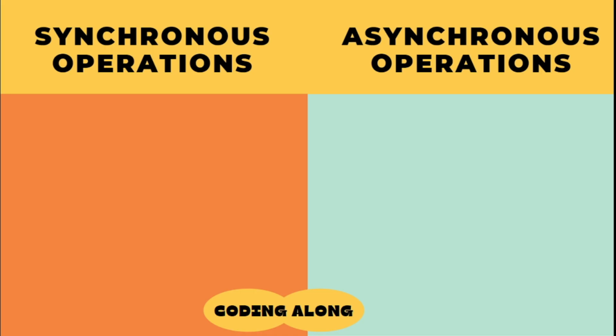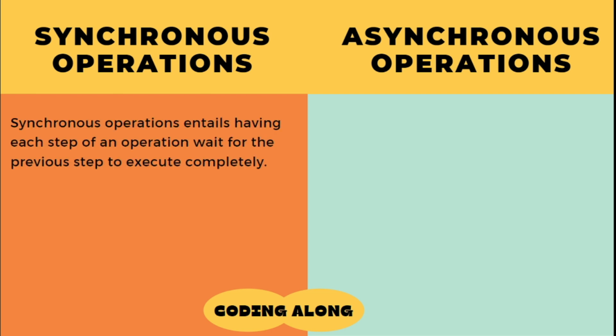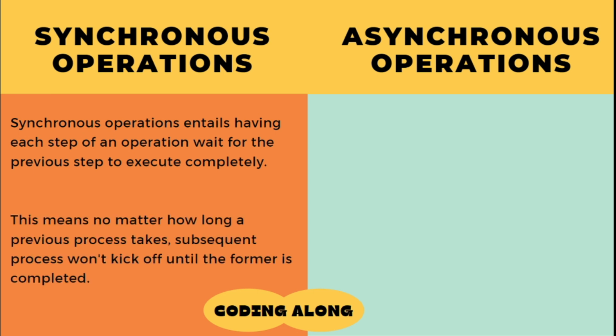Now, to talk about callbacks, promises, and async and await, we need to understand what synchronous operations are and also what asynchronous operations are. And we need to understand the differences between them and also the similarities. So, synchronous operation entails having each step of the operation wait for the previous step to execute completely. This means no matter how long a previous process takes, subsequent processes won't kick off until the former is completed.